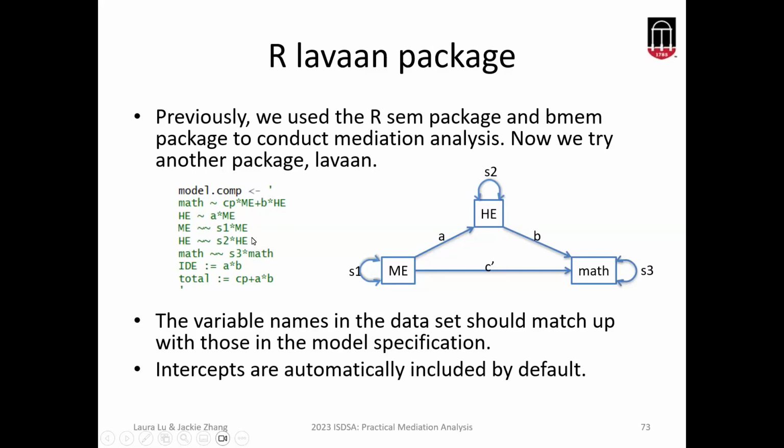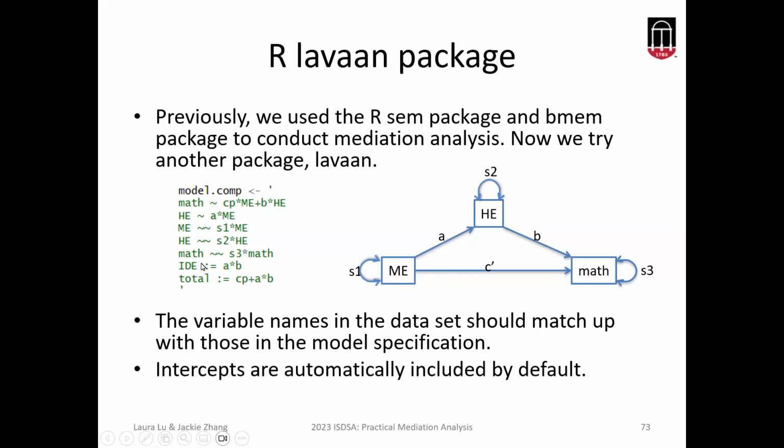ME, double tilde, S1, ME. That is the variance part. ME is defined with variance or covariance, and the name is S1. S1 is defined here. And HE, double tilde HE, and S2 is defined as the variance of HE here.